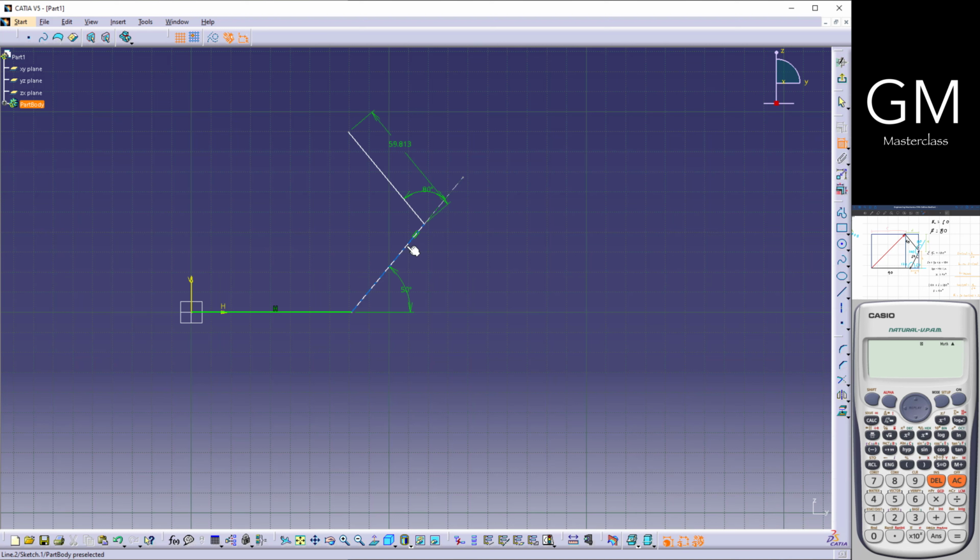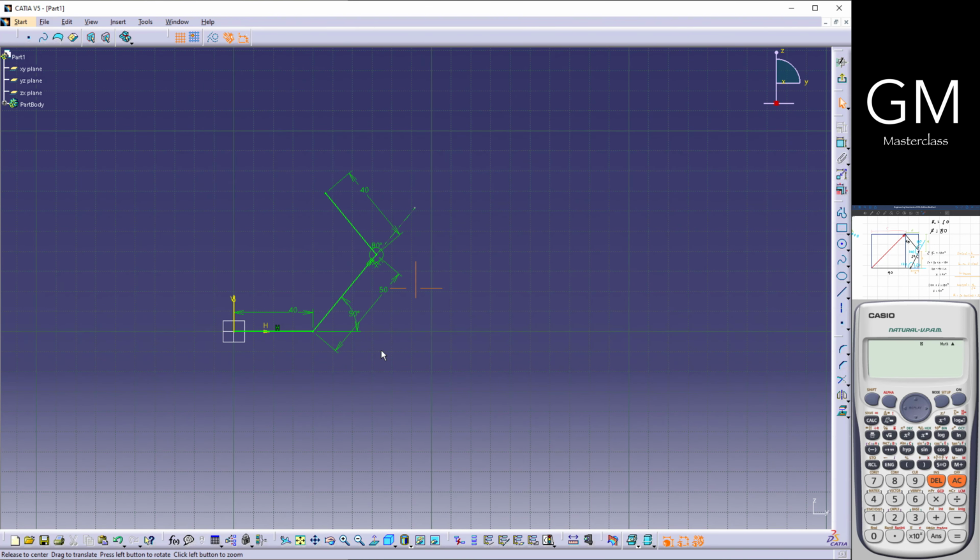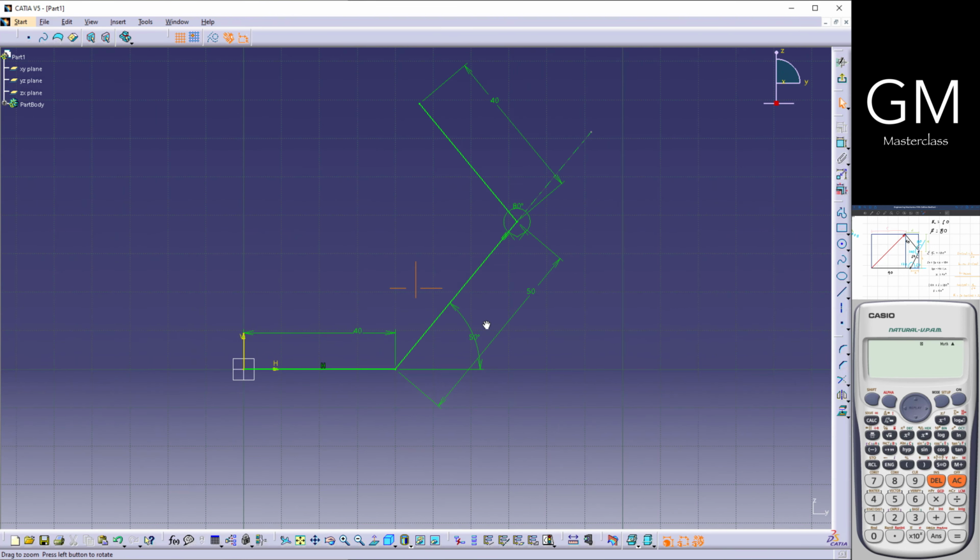This has a particular value, this has a particular value, and this has a particular value. And I'm going to change that right here. The first one is 40. Second one is 50. The last one is 40. Okay, I have everything I need.